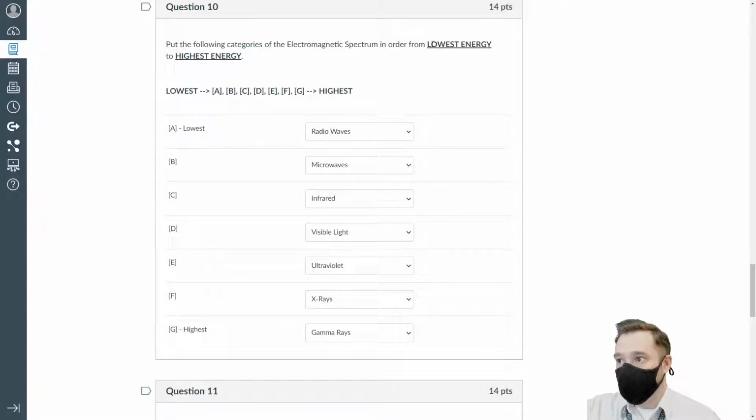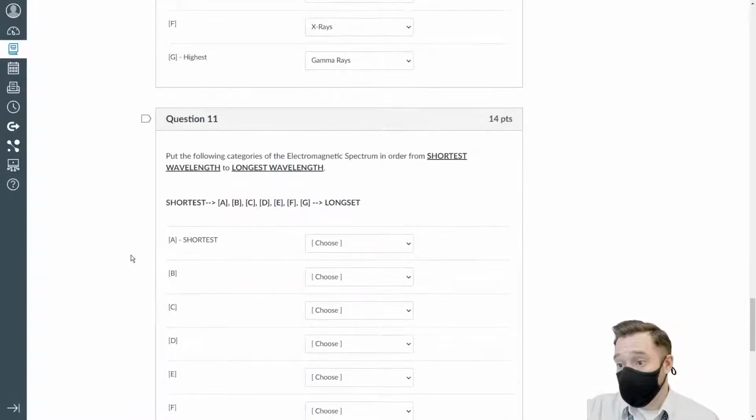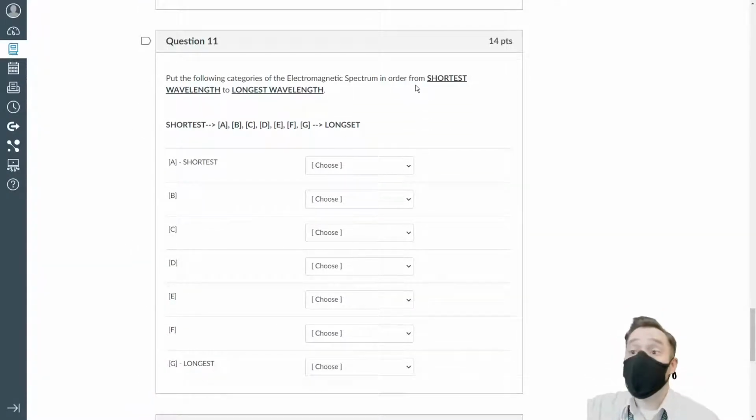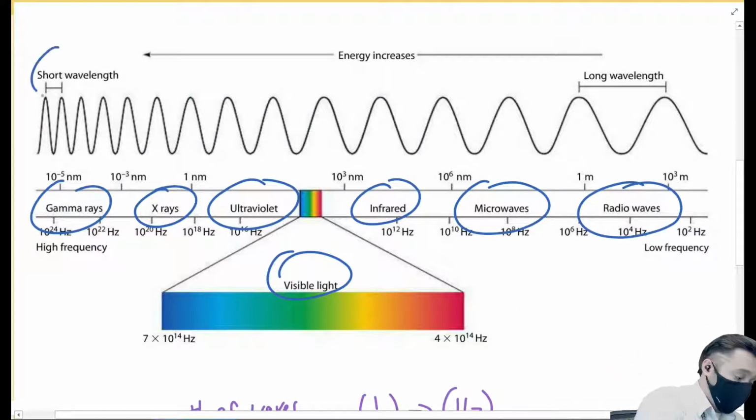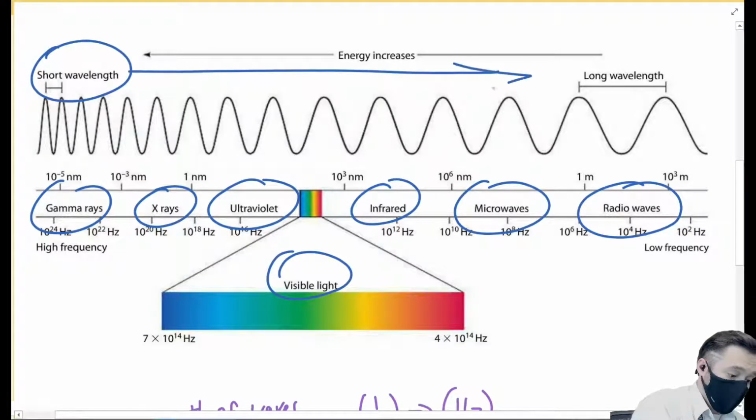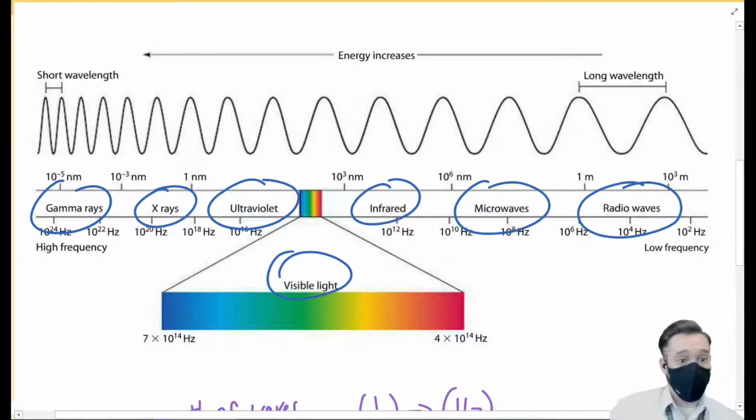All right, so just to verify, lowest energy to highest energy, cool. So lowest energy is going to be obviously radio waves, and then highest energy is gamma rays. Now the shortest wavelength to the longest wavelength, I just do it in the opposite order.